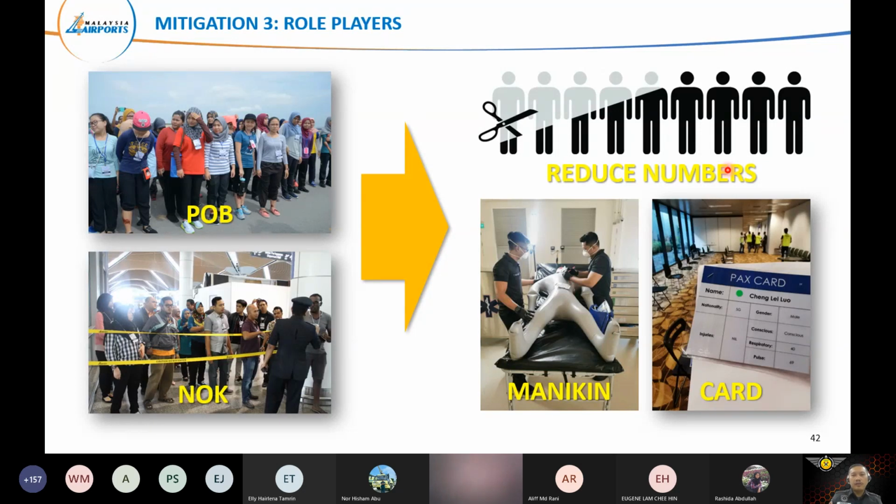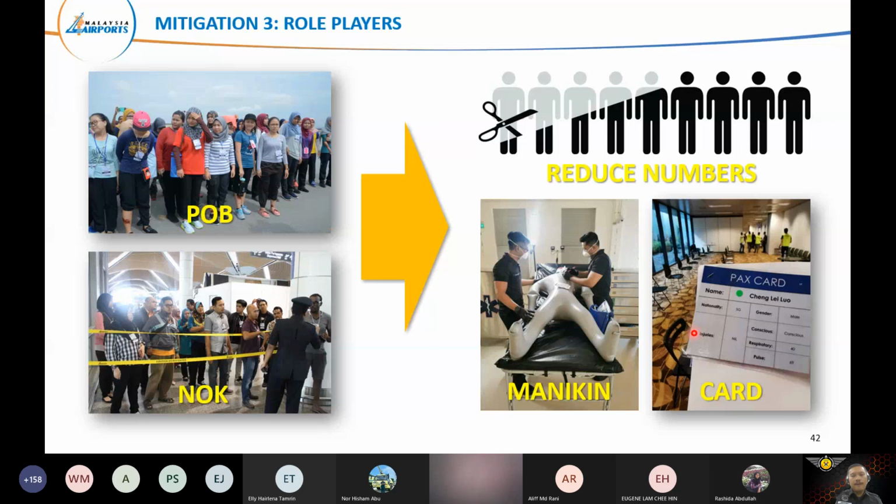So what we can do, we can reduce numbers, or we can do like what Changi did in their full-scale exercise, using mannequins or using cards. On the card they have the name of the passenger, nationality, gender, and injuries. So the responders still triage. You can see the round green sticker here. This represents the triage card, the triaging process.